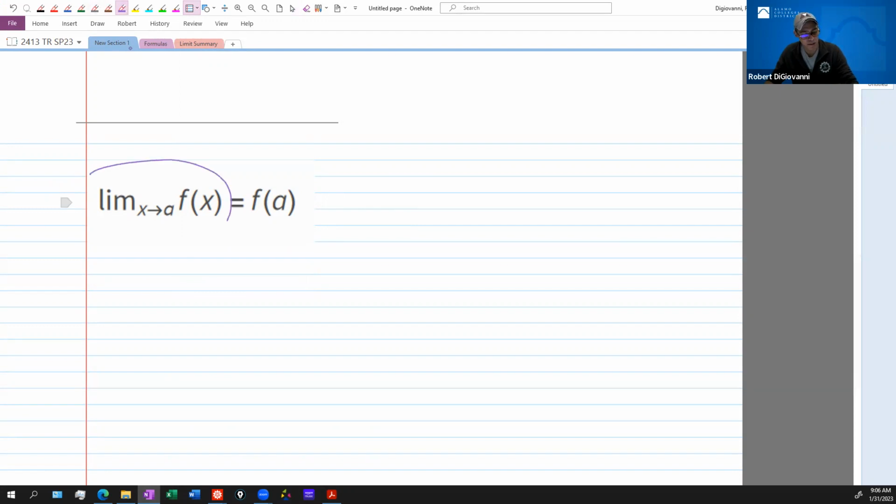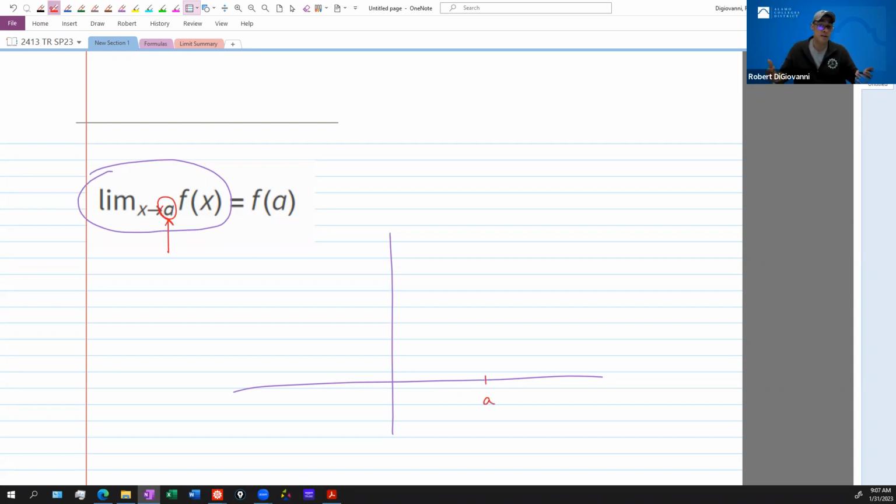The left side is saying that when we look at things from a calculus perspective, we have a limit and it exists. So that means when we look at the graph of the function and we approach some value a, the limit exists, which means that from both directions, the graph is going somewhere. It's going from the left, and from the right, it's going to the same place.